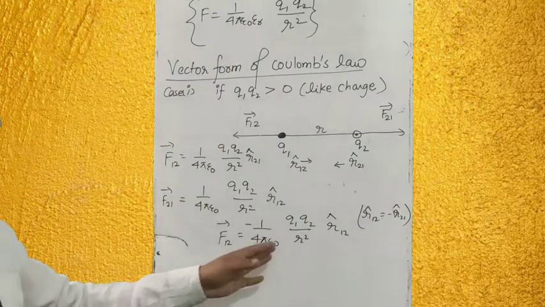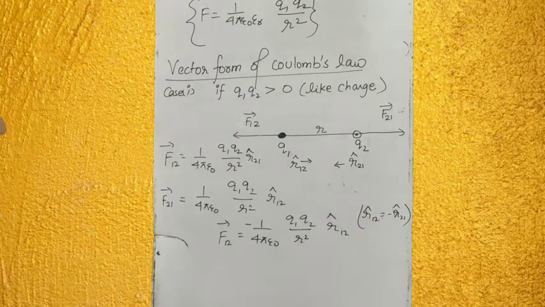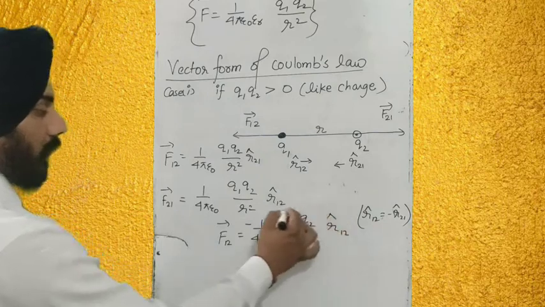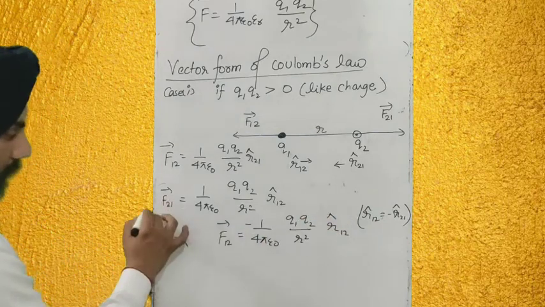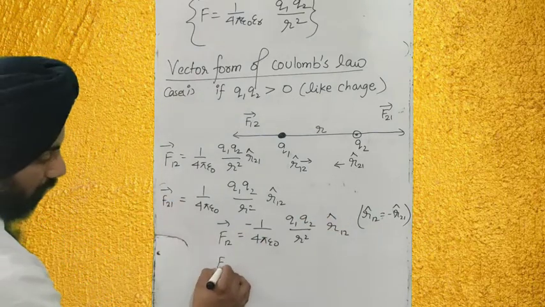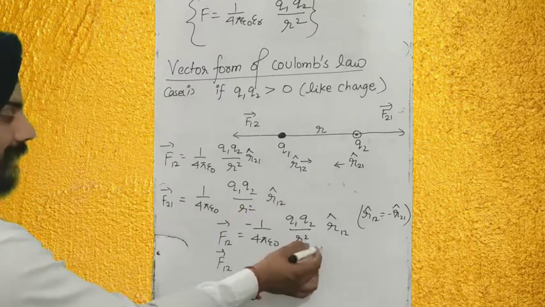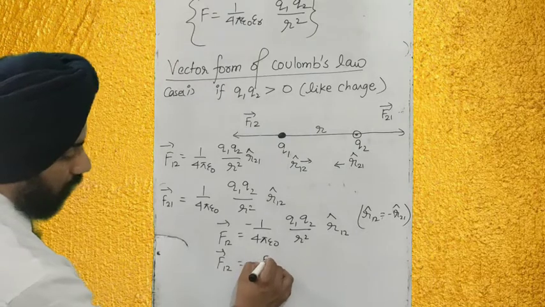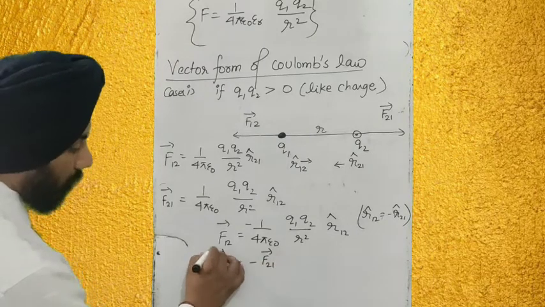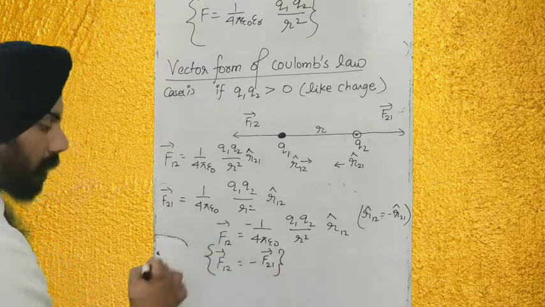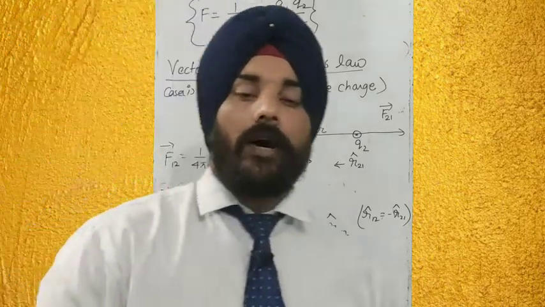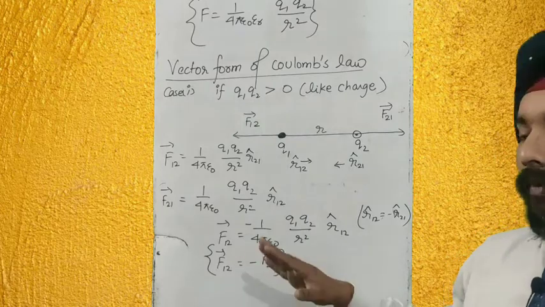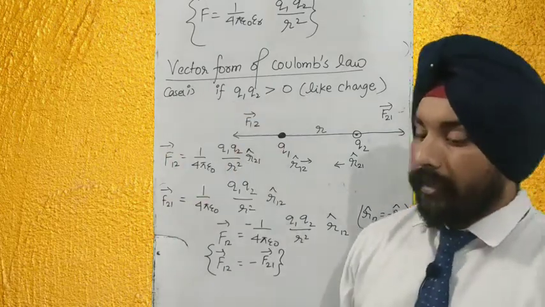So instead of writing R21, I have written minus R12. And this part of the equation represents the force F21. This is the value of F21. So F12 will be equal to minus F21. The result of F12 equal to minus F21 we will discuss after the second case.